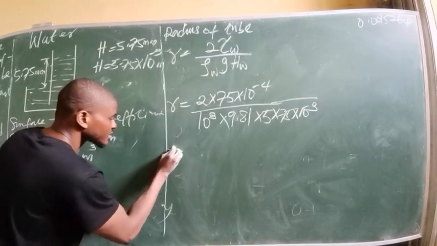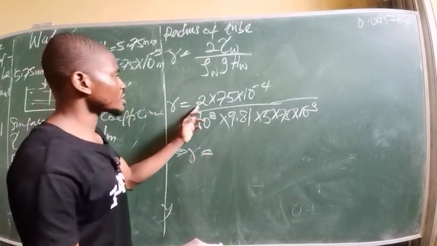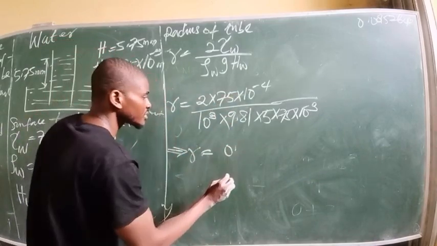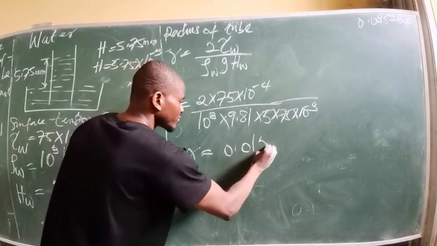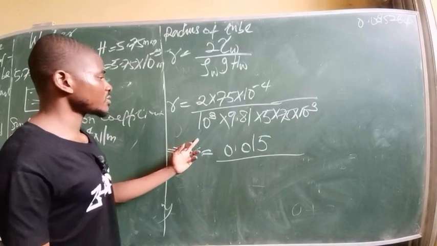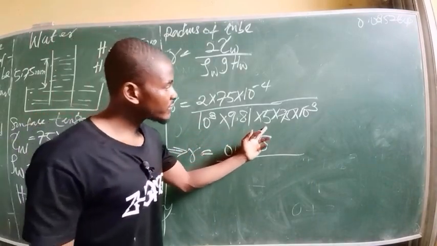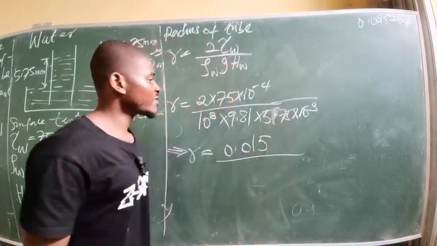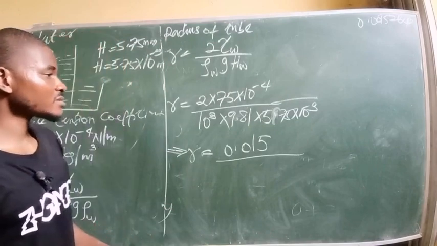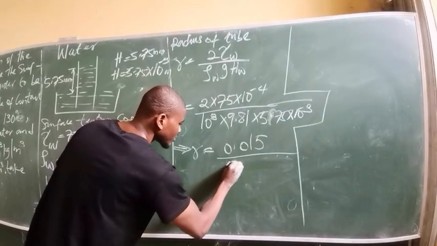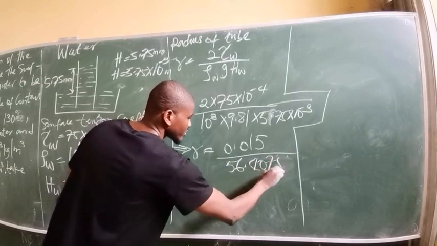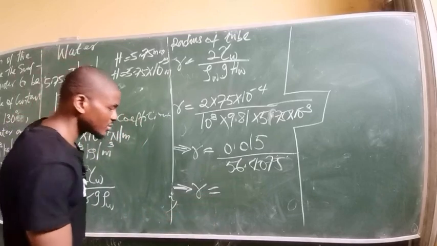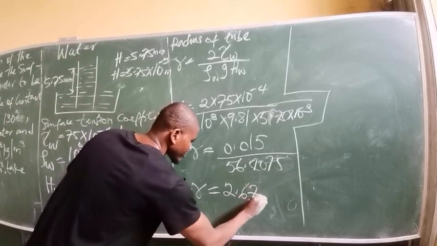So this implies that the radius of the tube is equal to 2 times 75 times 10 to the power of minus 4, which is 0.015, all over 10 to the power of 3 multiplied by 9.81 multiplied by 5.75 by 10 to the power of minus 3, which is 56.4075. So the radius of the tube r is equal to 2.67 in meter.